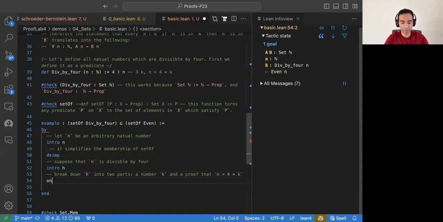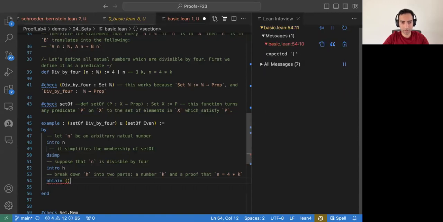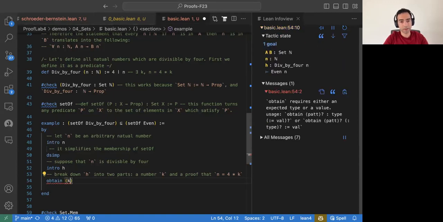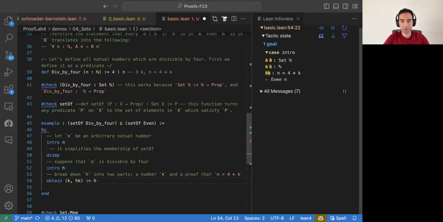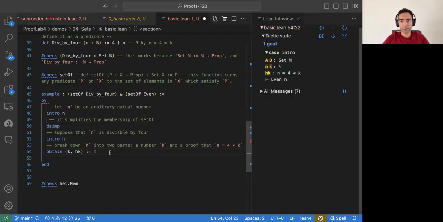Well, if you remember, this was obtain. We have done this now a few times. So I can say obtain a pair k and hk from H. Great. So we got a number k and a proof that 4k is n. And how can I use this to prove n is even?